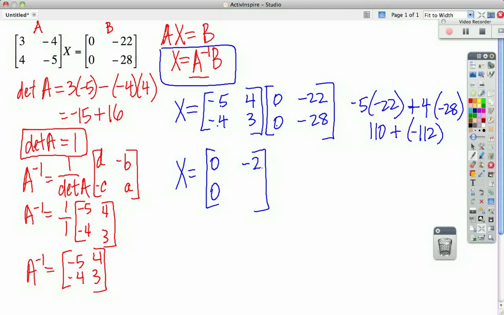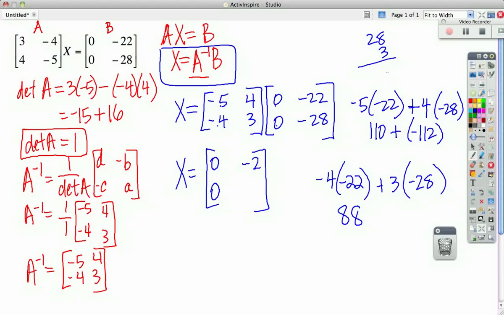And then for the lower right, I have -4 times -22. And then to that, I will be adding 3 times -28. Well, 4 and 22 is 88. And 3 and 28, well, let's see, multiply that.